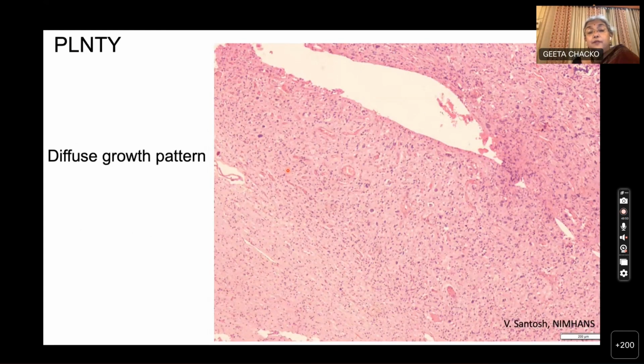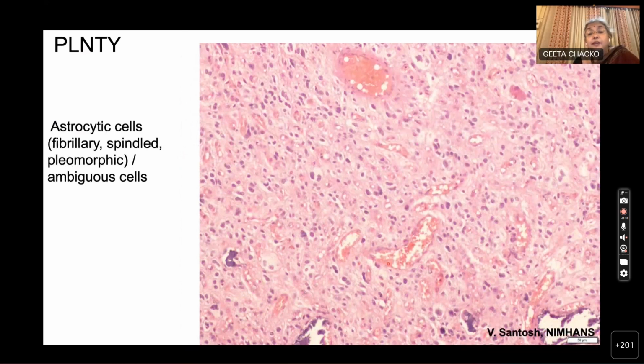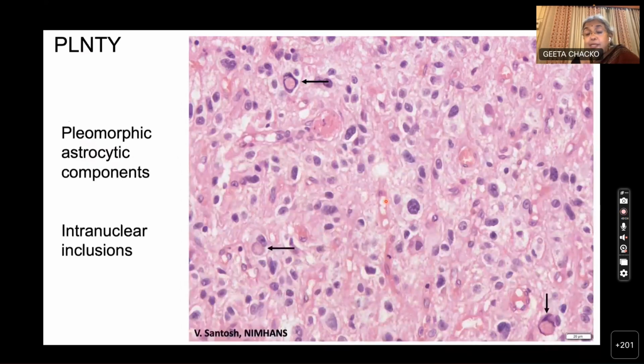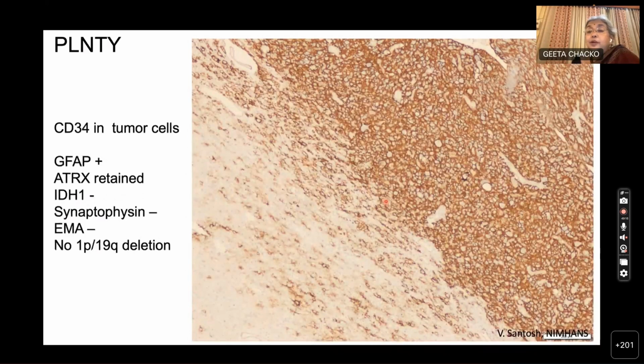Here again, a diffuse growth pattern, and in her particular case, apart from this oligo-like appearance, there were other areas which had pleomorphic cells and some spindle-shaped cells as well. So when you see a tumor like this, and you see a lot of calcification, there's no mitosis, there's a long-standing history of seizures, one has to think of this entity called PLNTY.